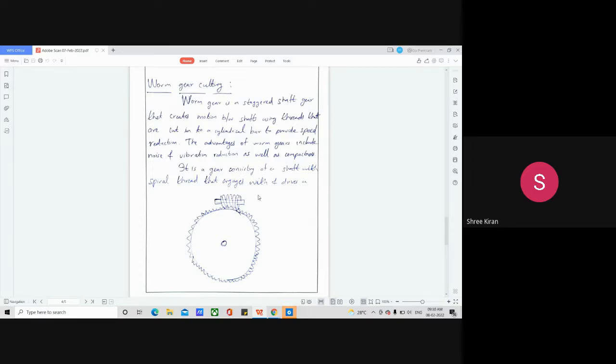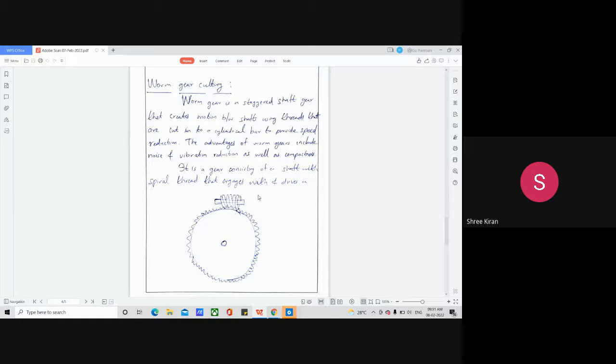The worm gear is always a staggered shaft gear that creates motion between the shafts using the threads that are cut into a cylindrical bar. It is mainly used to provide speed reduction.